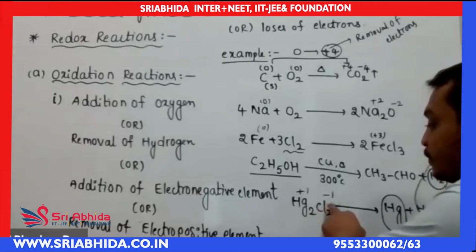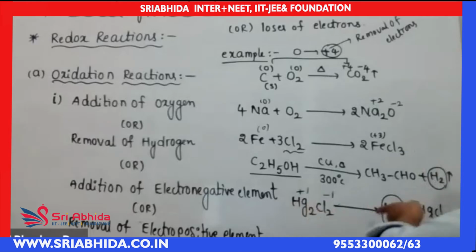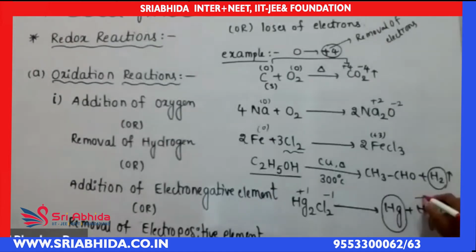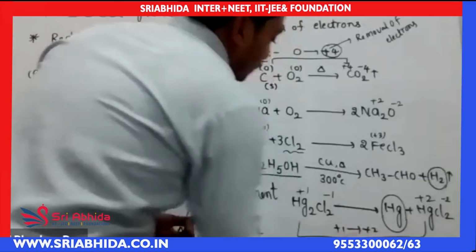Each chlorine is -1, so mercury has +1. Now Hg2Cl2 converts into HgCl2. Here each chlorine is -1, so 2 times -1 is -2, and mercury is +2. So +1 is converted into +2, which represents 1 electron lost.